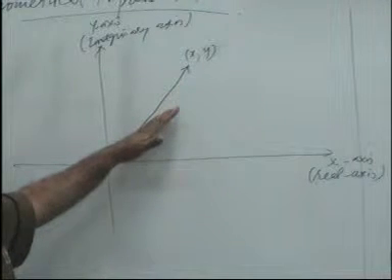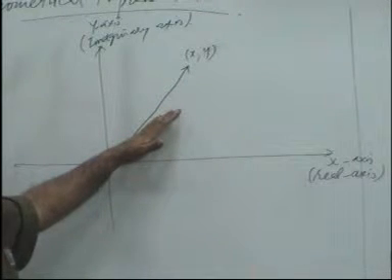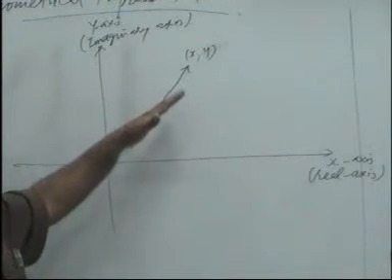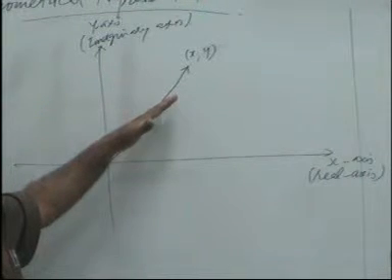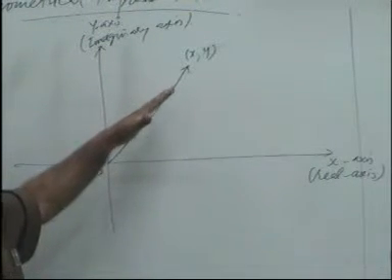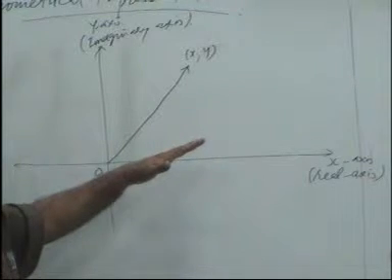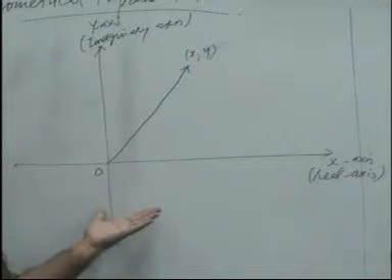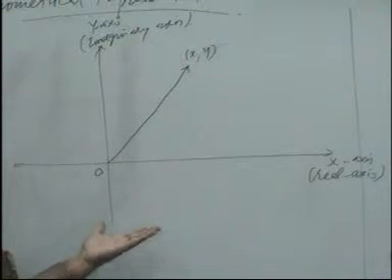We don't call it vector as such because this is just representation of the complex number in terms of vector, but it is not a vector in that sense, because if we call it vector, then the division of vector is not defined.